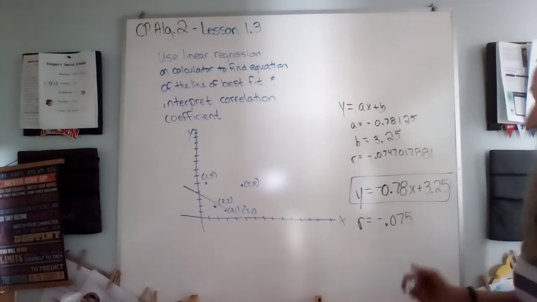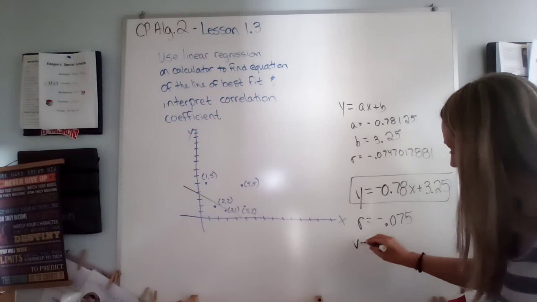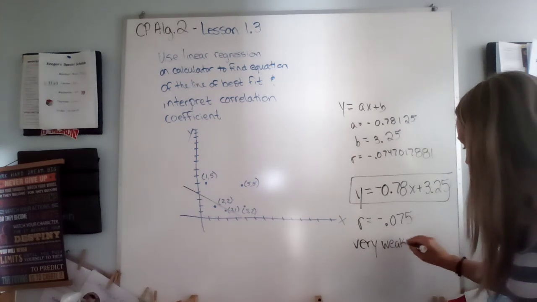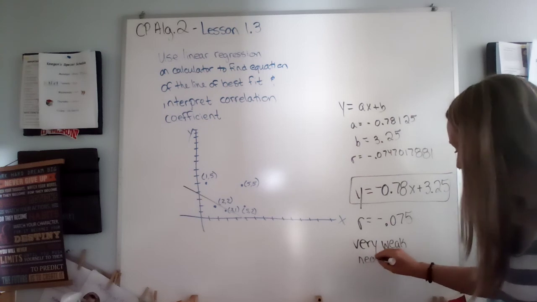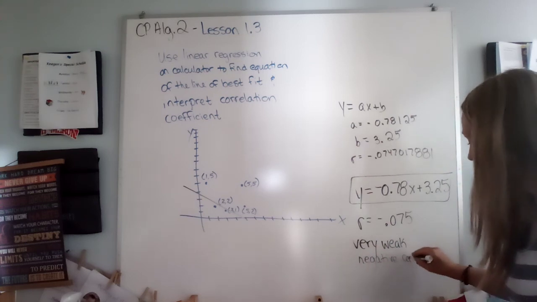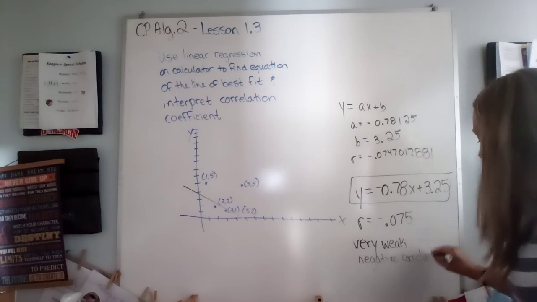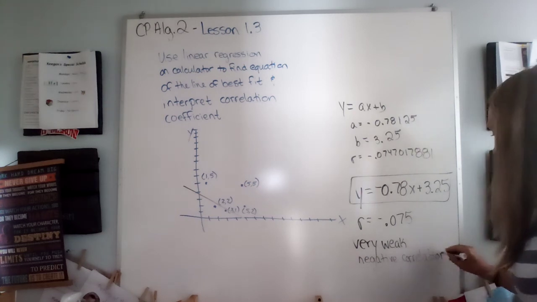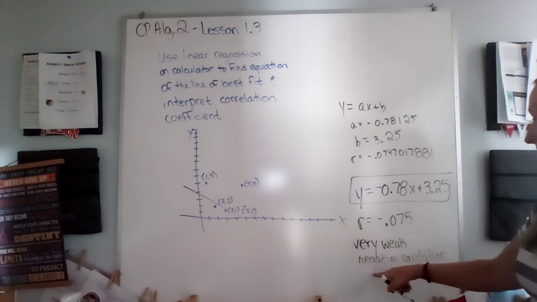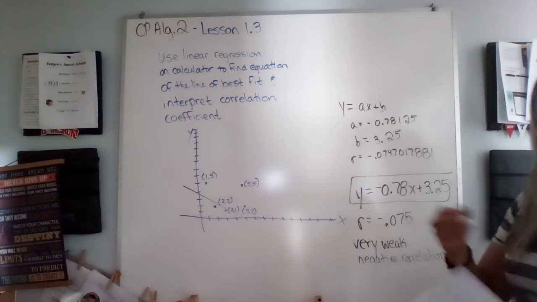It's a very weak negative correlation. You're either going to say it's very weak or very strong, and then it's either positive or negative. It's negative because the number is negative, the slope is negative.